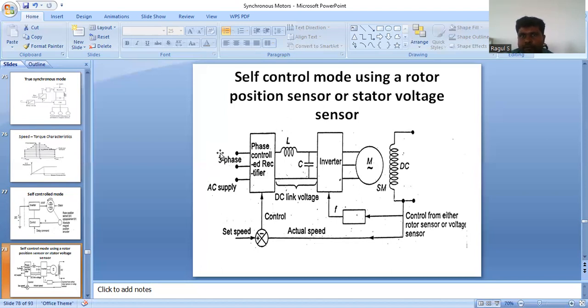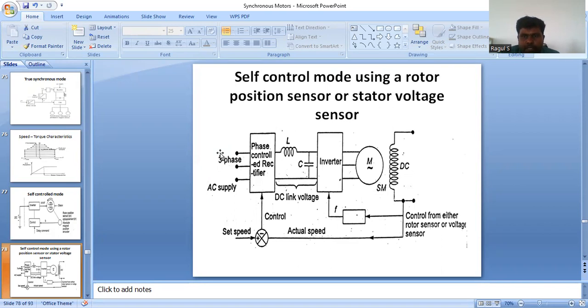Suppose we need a closed loop condition, we can measure output voltage, output current or rotor position. In this diagram, we measure two: one is the rotor position, the next one is the voltage. Separate sensors are there.